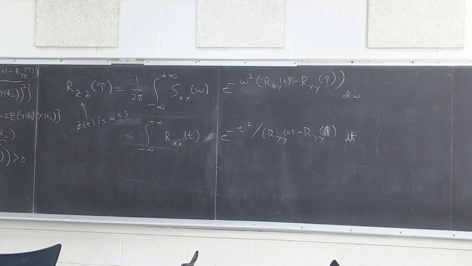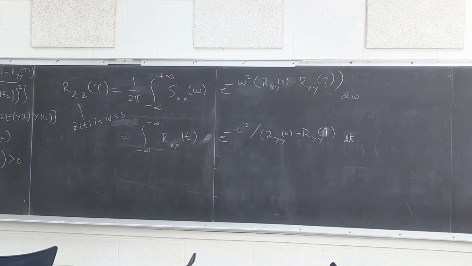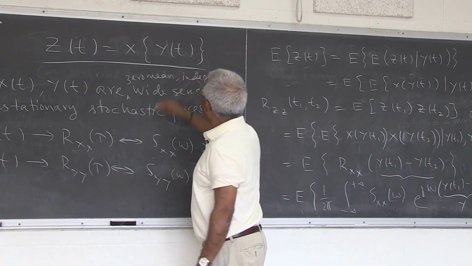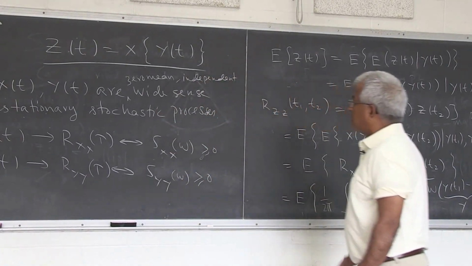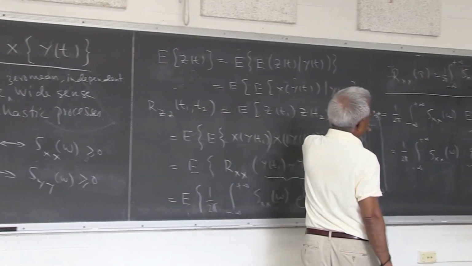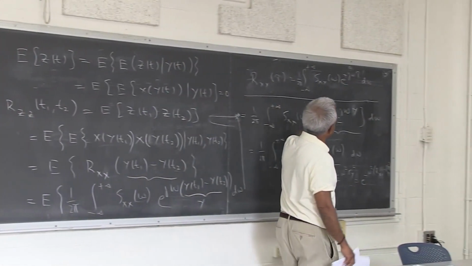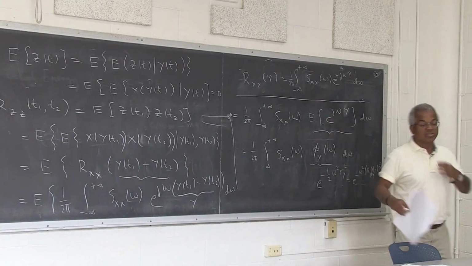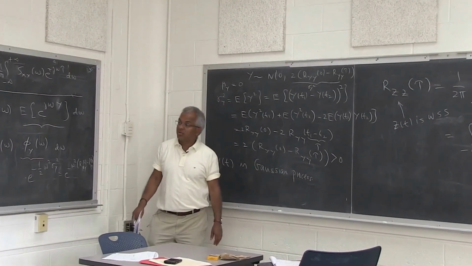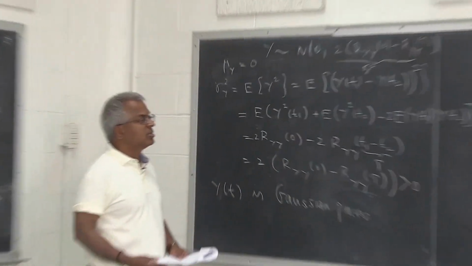So if these two processes are zero mean independent wide-sense stationary stochastic processes, then the autocorrelation function of z of t in general has this form, and it is not wide-sense stationary, unless we make the extra assumption that y of t is a Gaussian process.